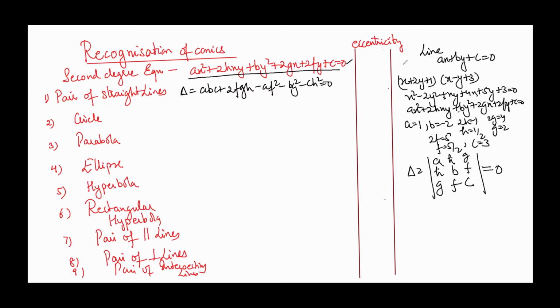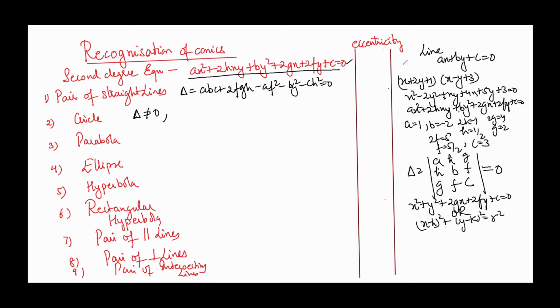Now next is written here circle. If the second degree equation is of a circle, then in that case delta should not be equal to 0, because delta equal to 0 is only for a pair of straight lines. And one more thing, you know that a circle is of this type: x square plus y square plus 2gx plus 2fy plus c is equal to 0, or (x minus h) whole square plus (y minus k) whole square is equal to r square.